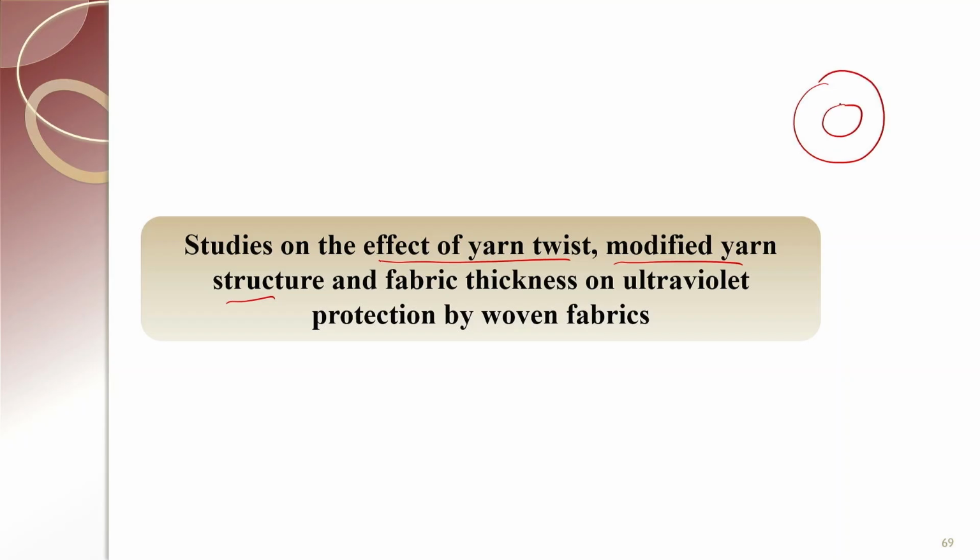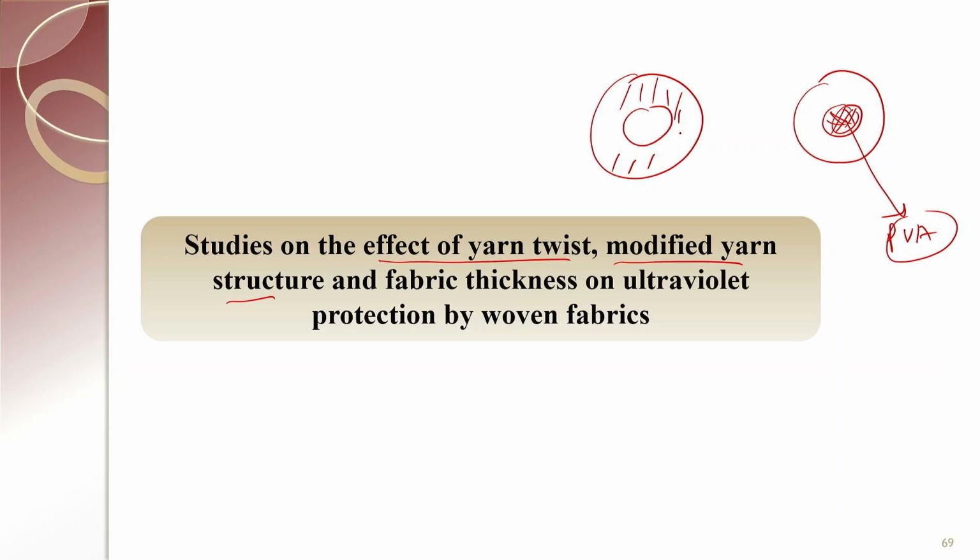In a normal ring spun yarn core, the water soluble PVA fiber is used. After making the core spun yarn, when it is treated with warm water, this PVA gets dissolved and the cotton hollow yarn portion will be there.